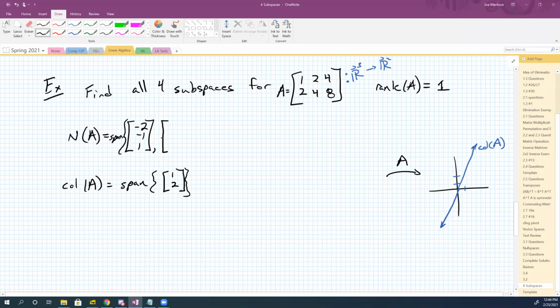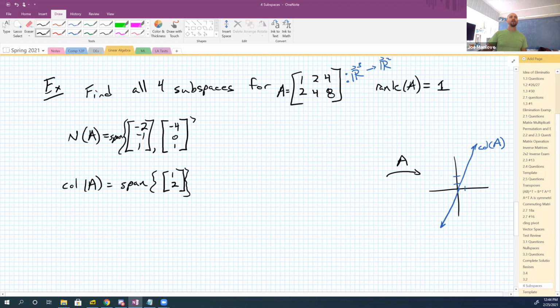Okay, I got -4, 0, 1. Yeah, so that's not a scalar multiple of the first one. So each of these is in the null space, and they are linearly independent. And there are 2 of them, so they must span the null space.